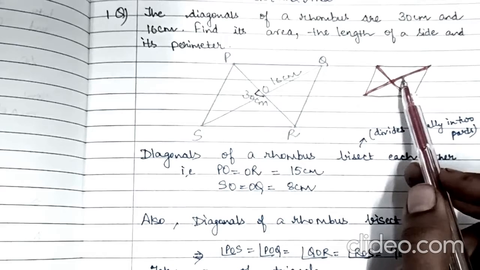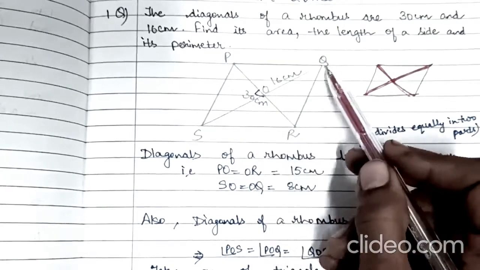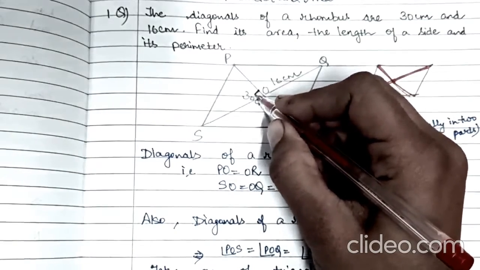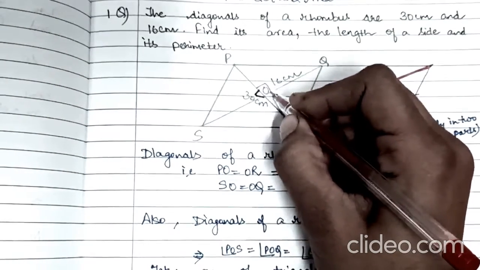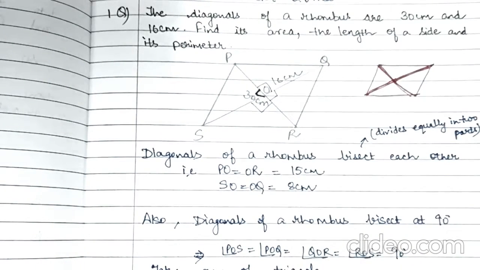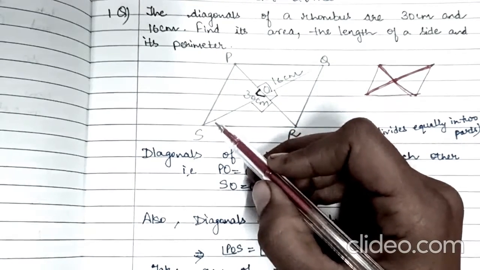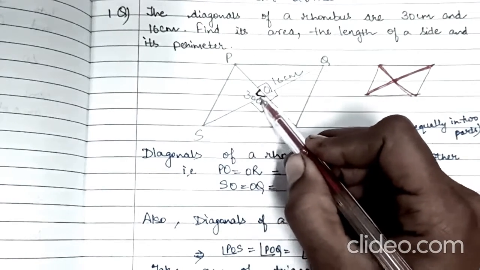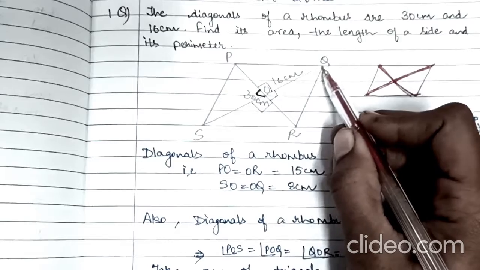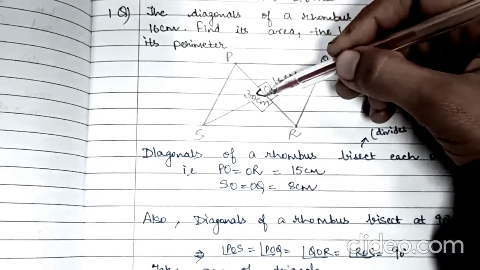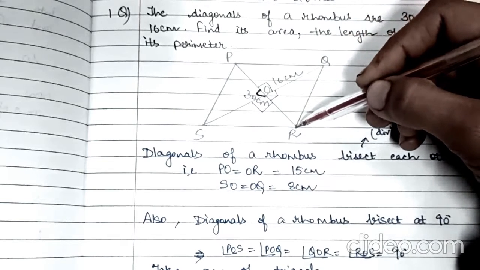Also, one more thing, the diagonals of a rhombus always bisect at 90 degree, meaning all these angles are 90 degree. So now bisect means, if this is 16 centimeter, this will be 8, this also 8. If PR is 30 centimeter, this will be 15, this will also be 15.